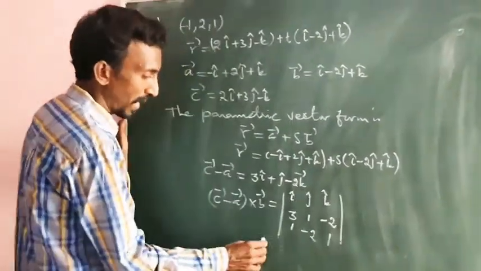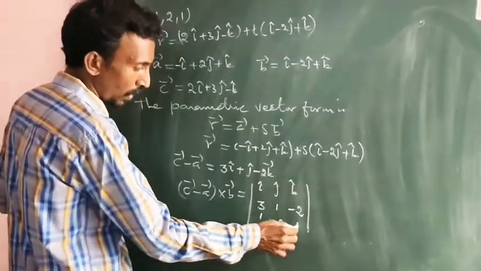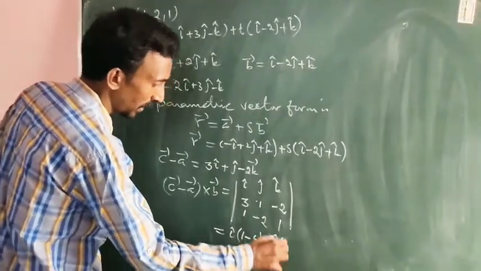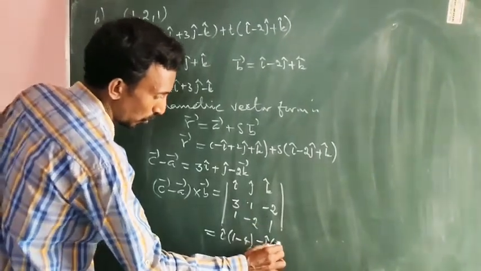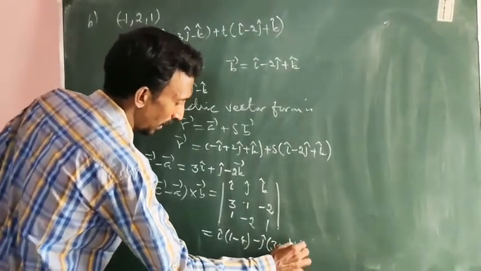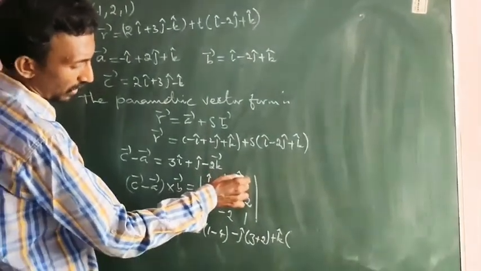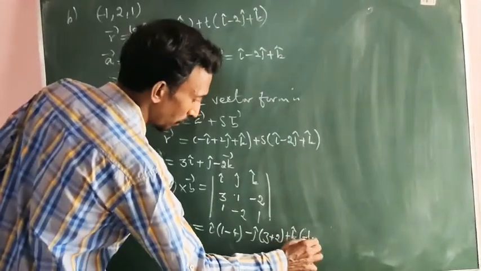As usual, expand with respect to the first row. i into, delete that row and column, 1 minus 4, minus j into, delete that row and column, 3 plus 2, okay, k into, delete the row and column in which the element is present, so minus 6 minus 1.